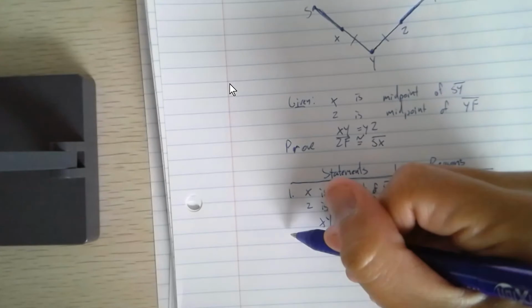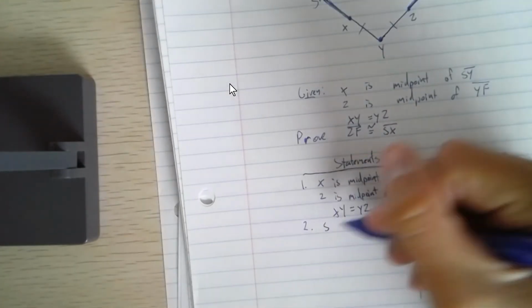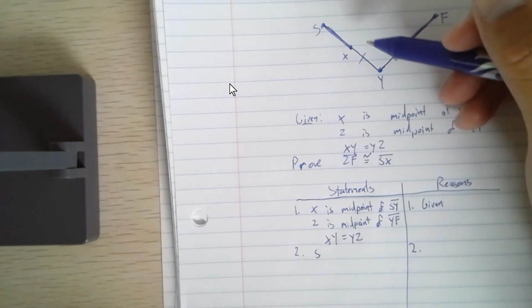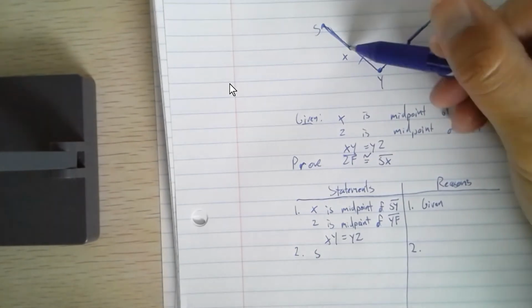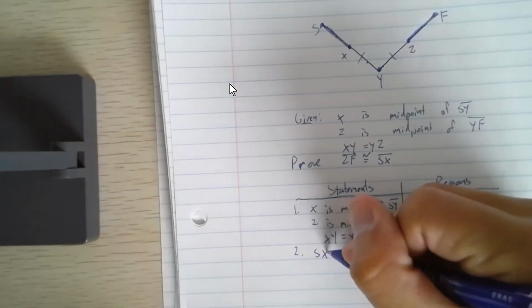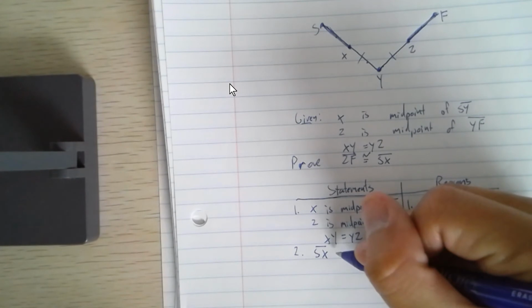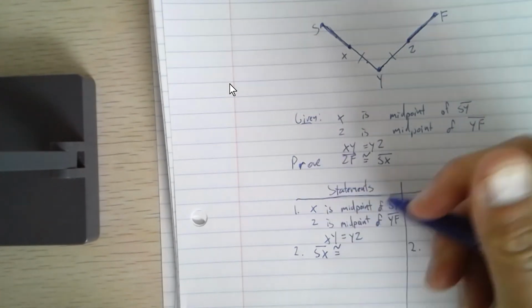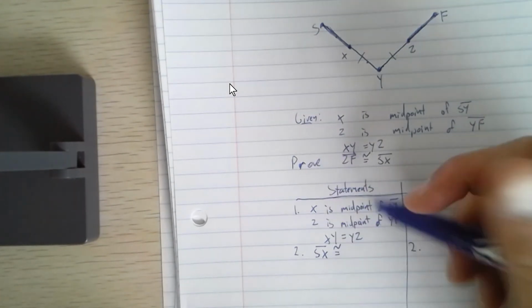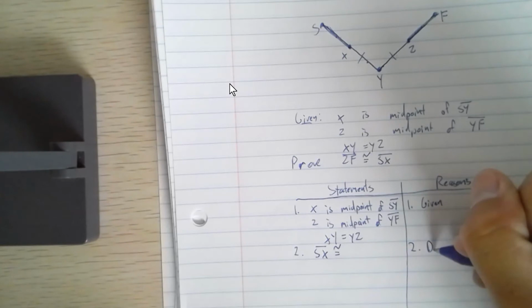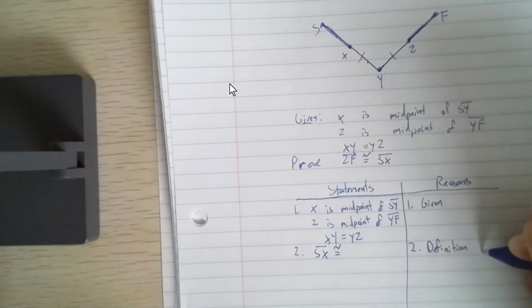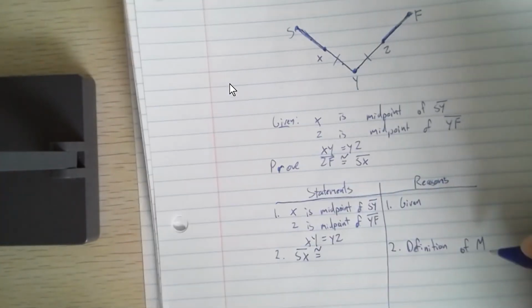Okay, so like I said, if X is the midpoint, SX and XY are going to be congruent to each other. If you look at the definition of a midpoint, go back into your cheat sheets that I handed out.